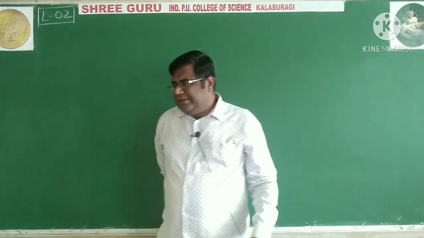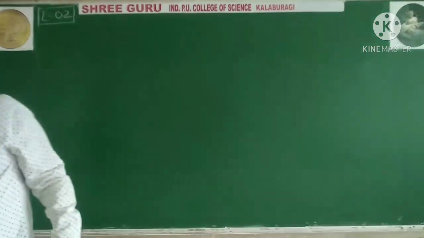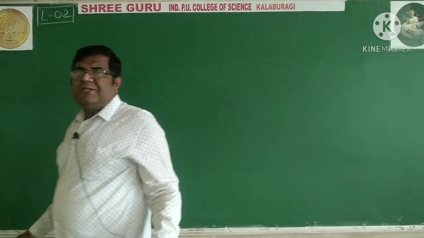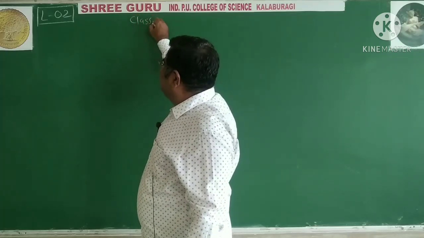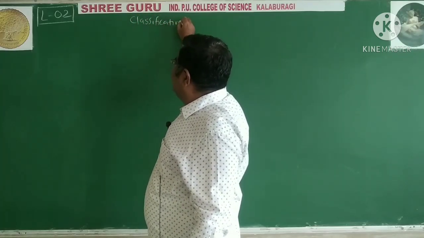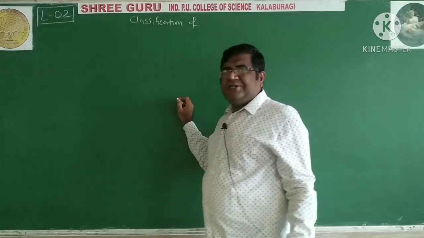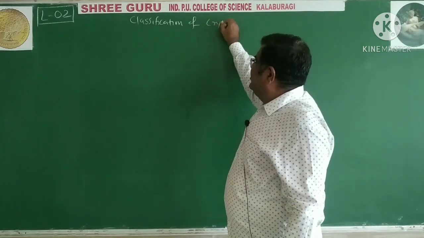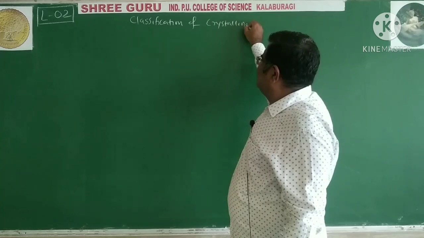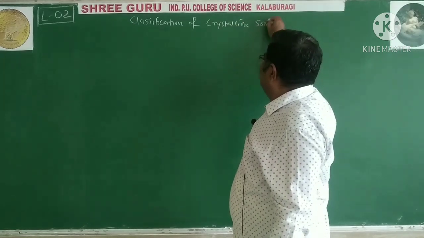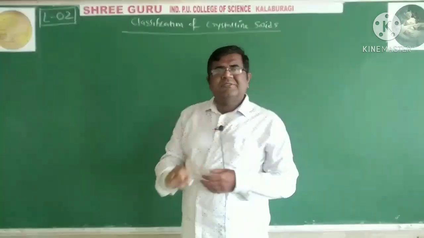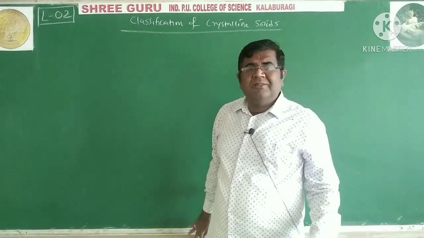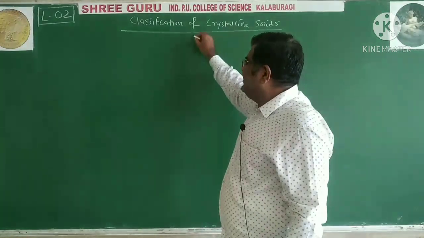Now today we will go ahead and see the classification of crystalline solids, because we are mainly interested in crystalline solids. So classification of crystalline solids is the part which we are going to learn today. This classification is based on the constituent particles.